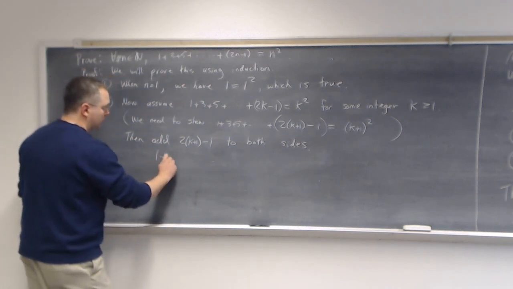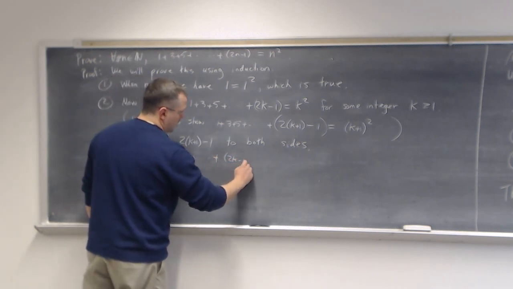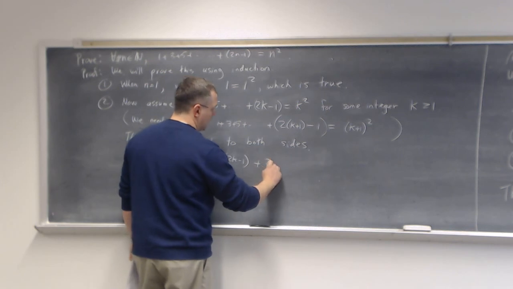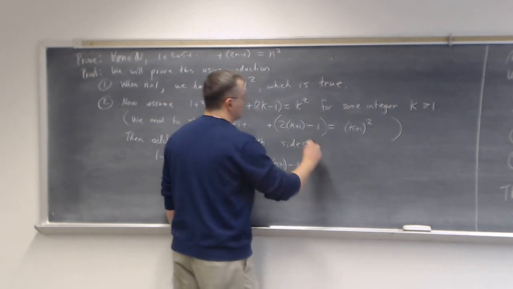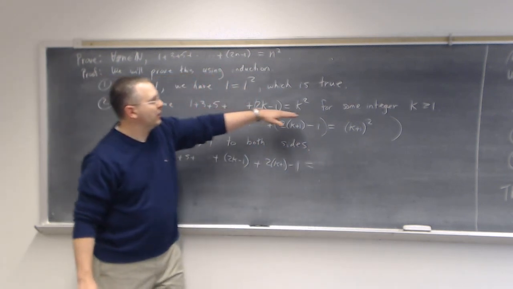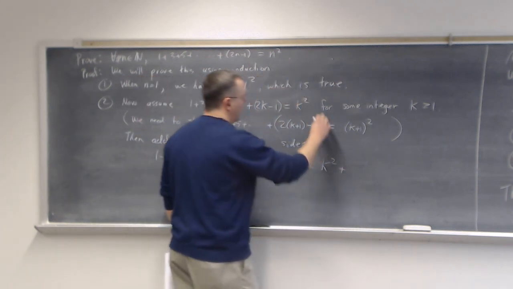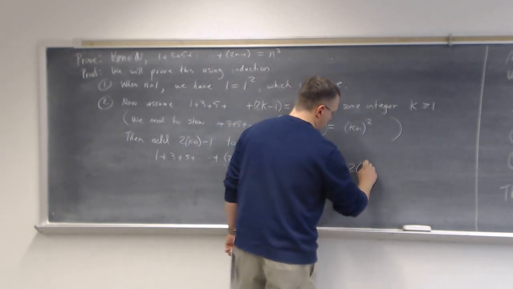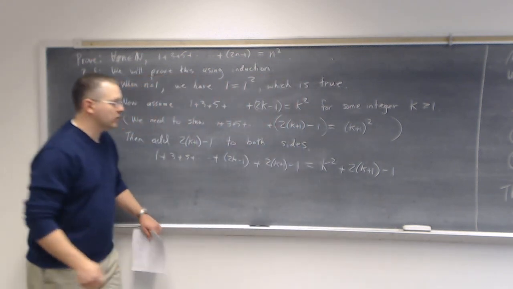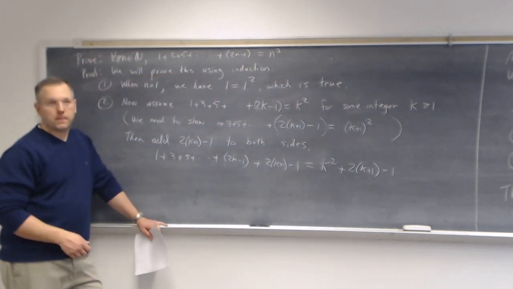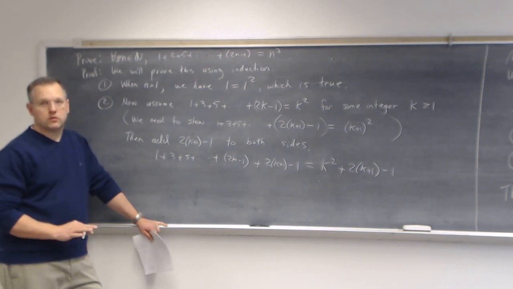I'm going to have 1 plus 3 plus 5 plus 2k minus 1 plus 2 times k plus 1 minus 1 equals, so this equation right here I'm adding to both sides. So I already had a k squared, and I need to add 2 times k plus 1 minus 1 to that side as well. Okay? Any questions?